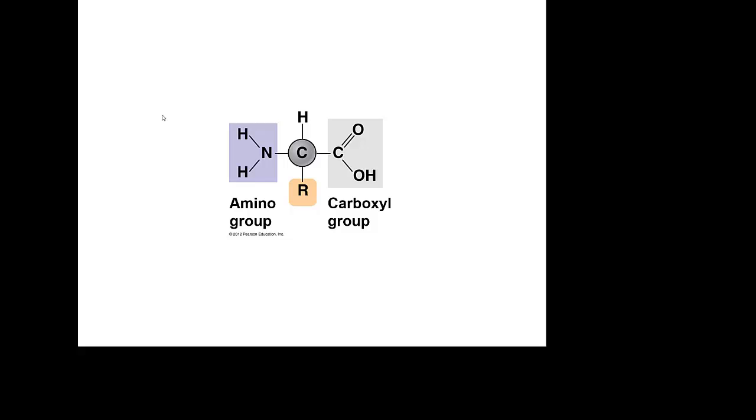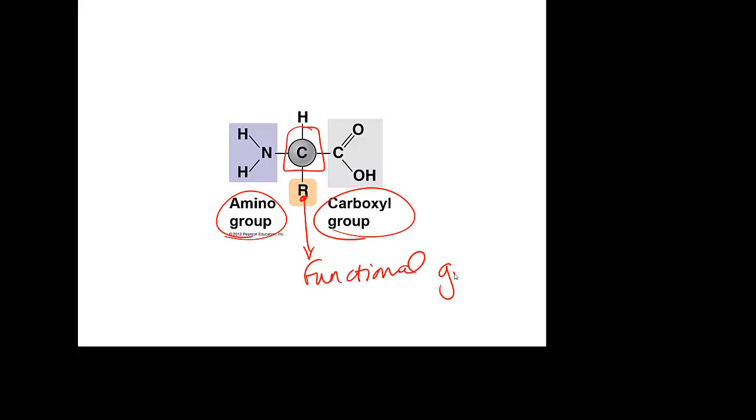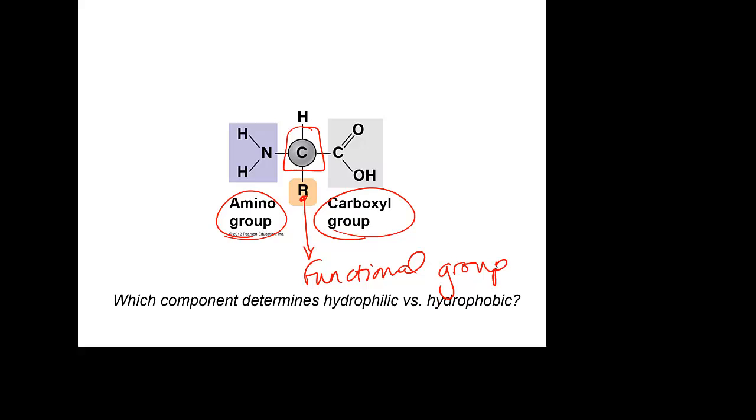This is a basic amino acid structure. The amino group, as I mentioned, the carboxyl group, all around this central carbon, and then this R. R is equivalent to functional group. I don't know why it is R, sorry. But which component of this would determine whether or not an amino acid is hydrophilic or hydrophobic?